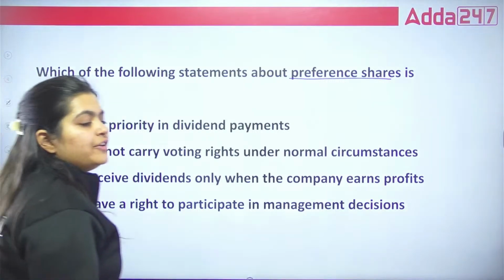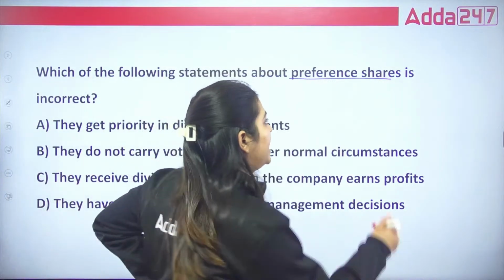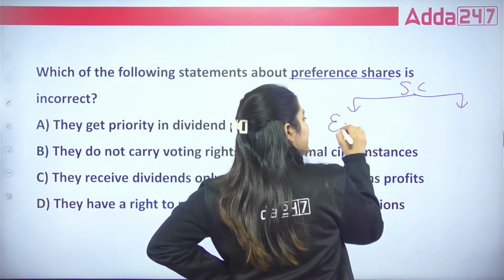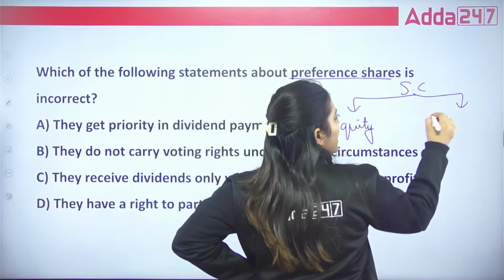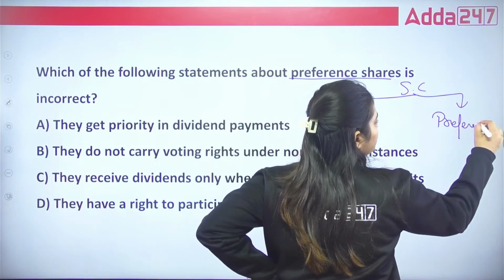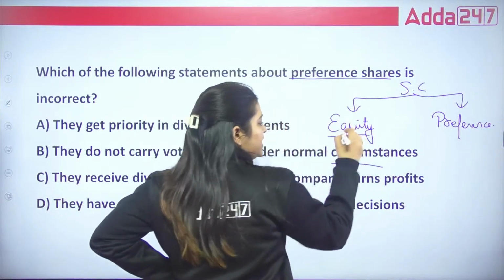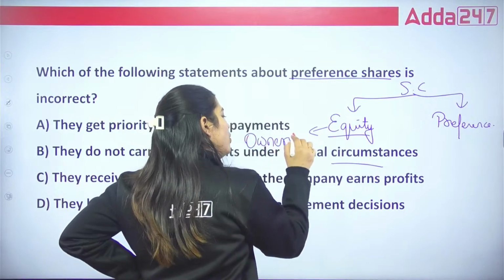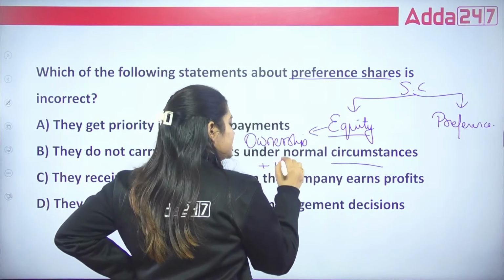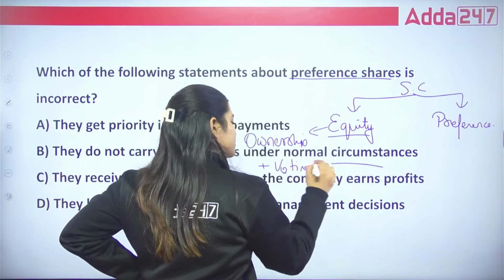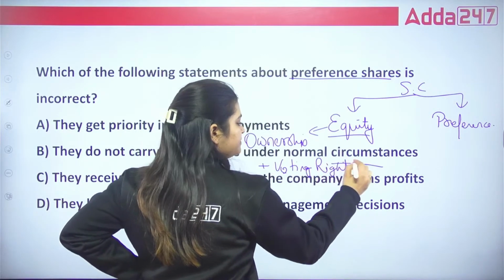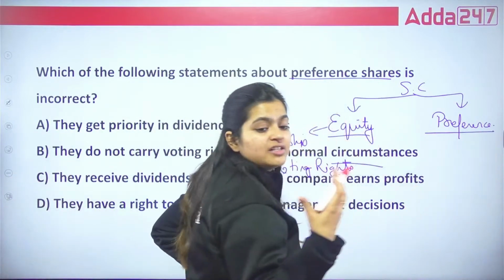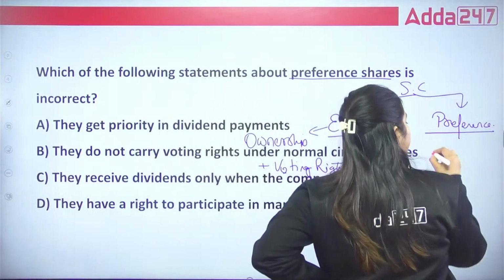So basically we have share capital, and that share capital is divided into two types of shares. You have equity and you have preference. So if you purchase equity, you share the ownership, and along with this ownership you are getting the voting rights also. But when you purchase the preference, now what are the features of preference? You are going to receive fixed dividend.